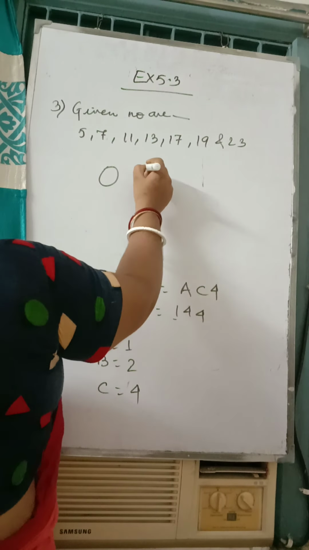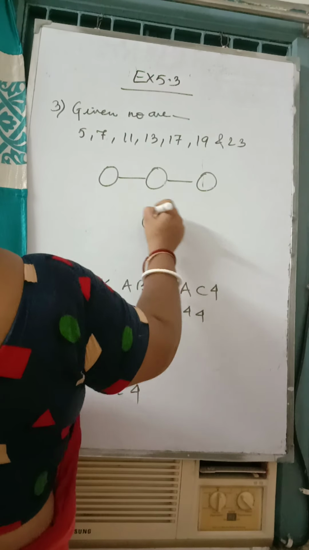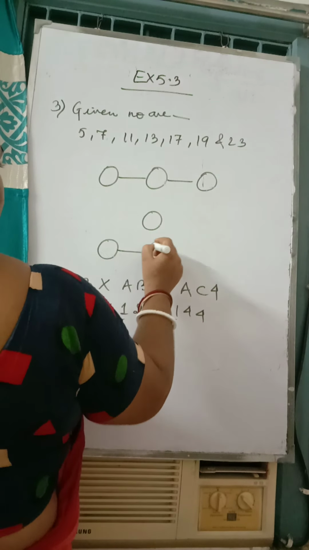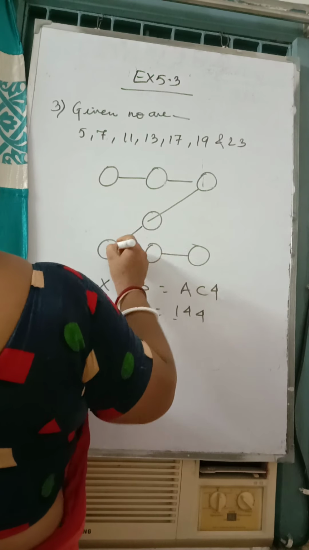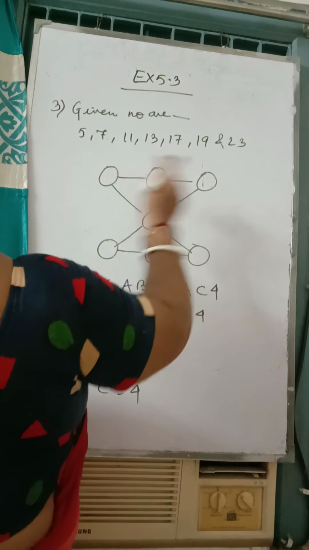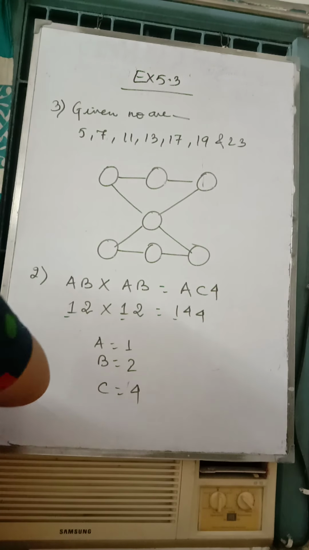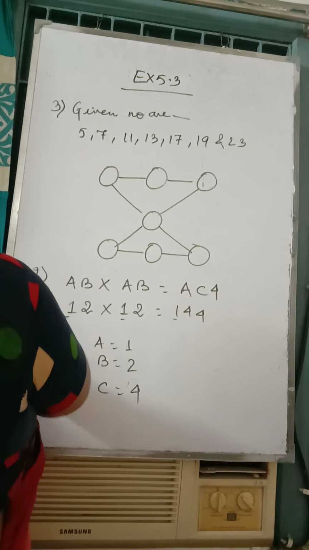Now you need to arrange them in such a way that when you add this way or this way, it should be the same. Now how to place it? Is it? How to place it, maybe?